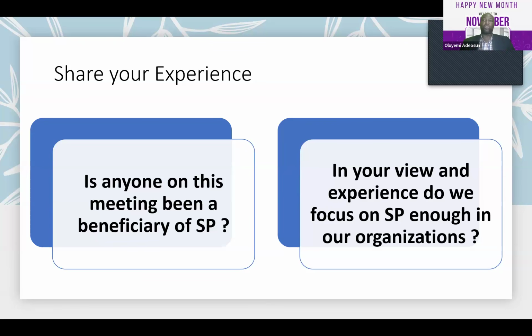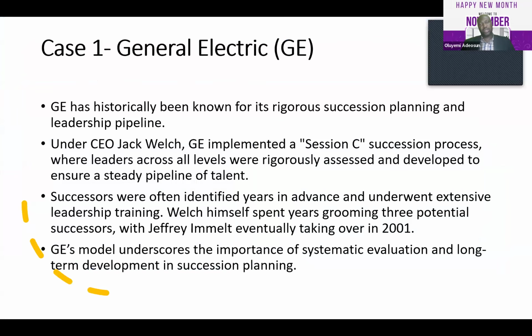In the place you work right now, or the places you have worked the longest, do you think organizations focus adequately on succession planning? Do you really think we do this, or we pay lip service to it? Please drop your thoughts, your comments, your insights, and let's also read so that we can get some experience.